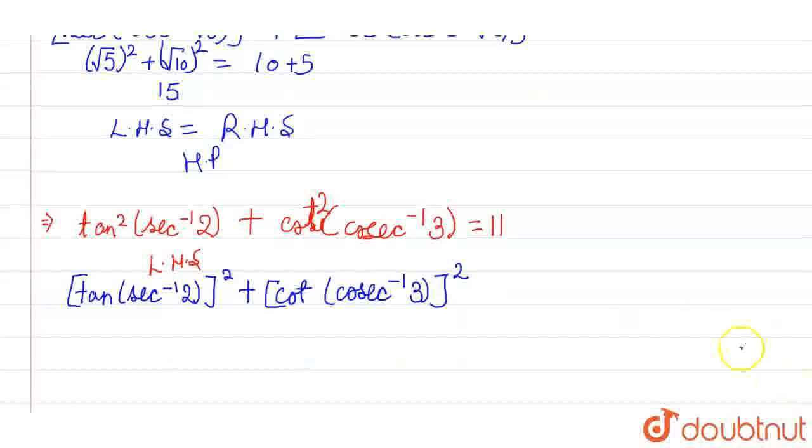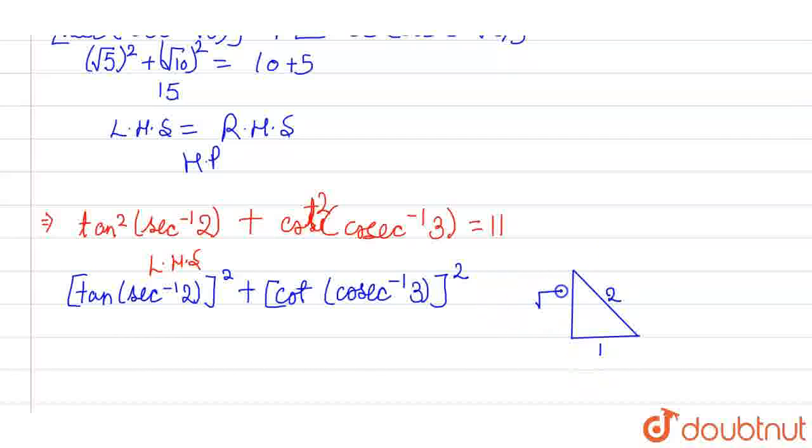Now, again, you can make a right angle triangle. Same concept, you have to do nothing more than that. In the first case, sec inverse 2, sec is hypotenuse upon base, which means this is 2 and this will be 1.